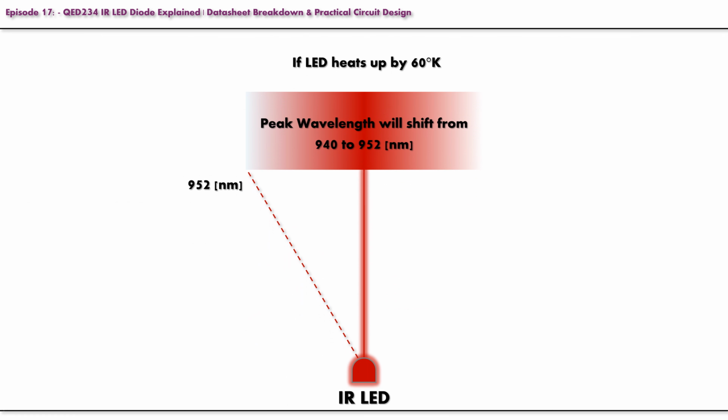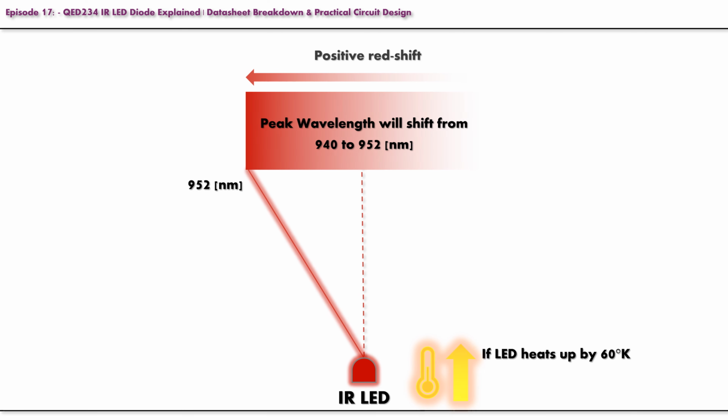For example, if our diode heats up by 60 kelvins, from test ambient temperature of 25 degrees Celsius, the peak wavelength of the diode will shift from 940 to 952 nanometers. It will redshift to lower energy wavelengths. In relative terms, 1 degree Kelvin is equal to 1 degree Celsius, but the scale starts from a different point.